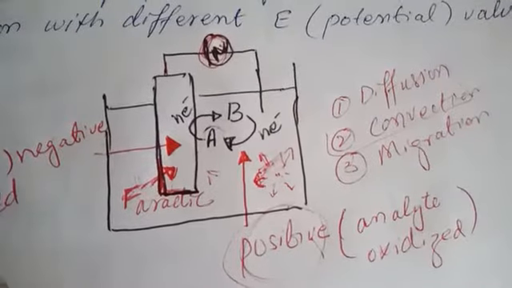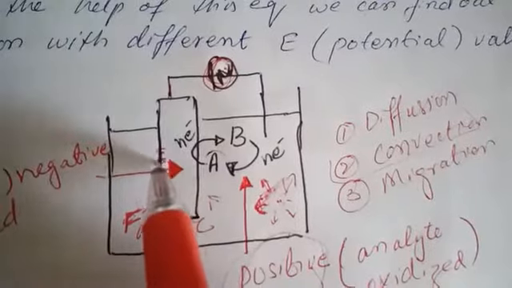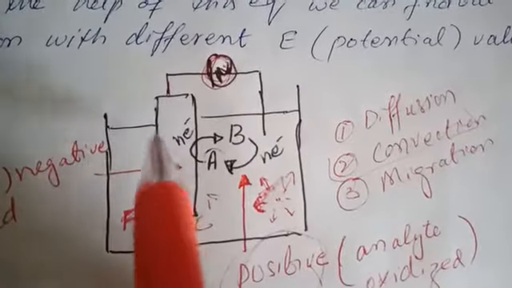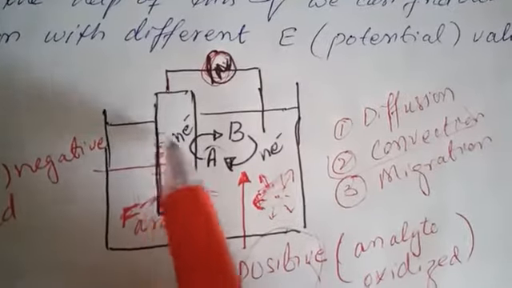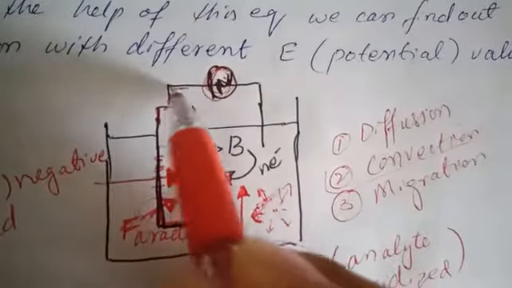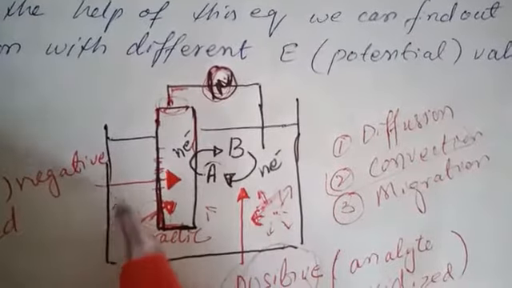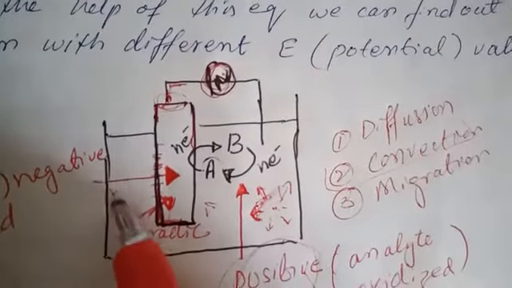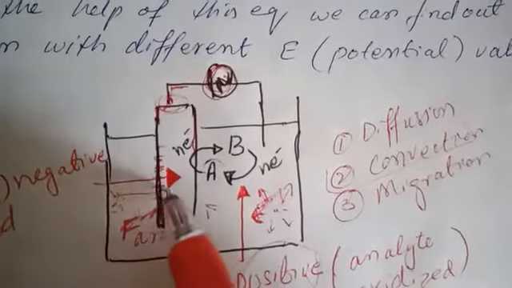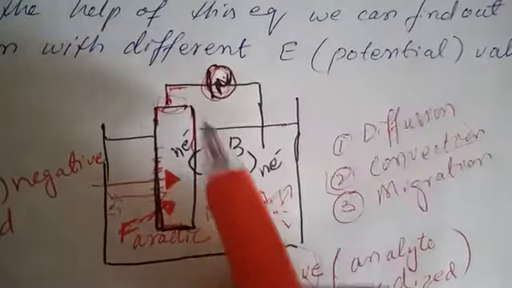The third one is migration. Faradaic processes are concerned with the immediate vicinity of the electrode surface, and when a potential difference is applied to this electrode, some of the charges present in the solution may migrate to the surface of the electrode, which leads to the flow of current into the external circuit.